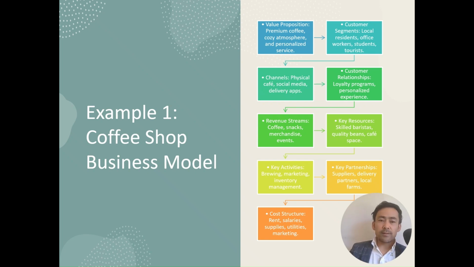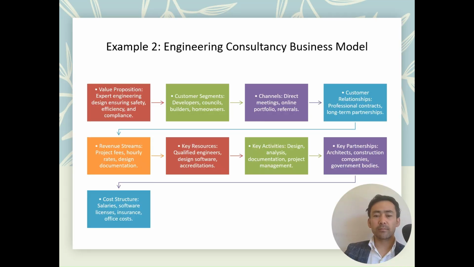Now let's go to the engineering example. The second example of a business model is the engineering consultancy business model. The value proposition of an engineering firm could be professional engineering design, ensuring safety, efficiency, and code compliance.